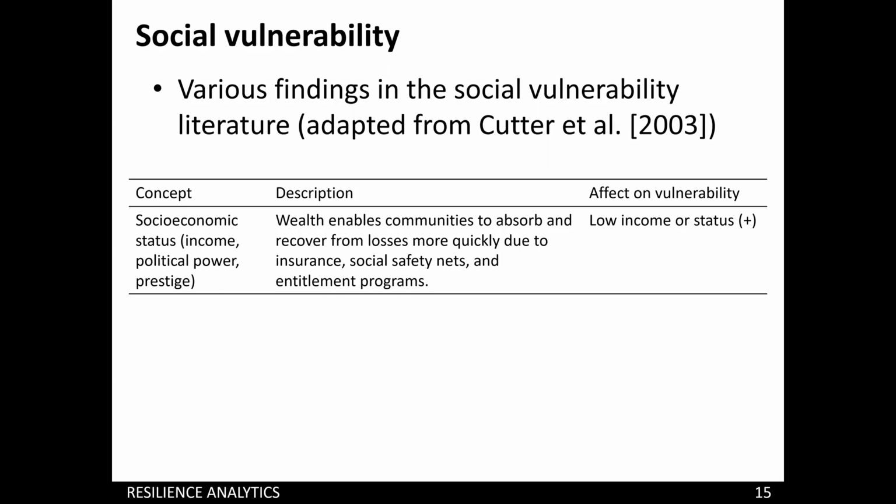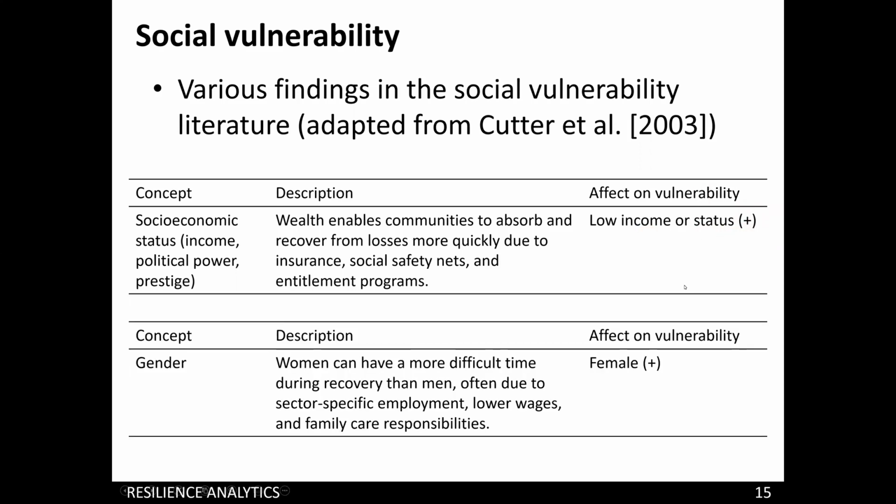Wealth enables a certain amount of reduction in vulnerability. Therefore, low income or low socioeconomic status might increase vulnerability. So that's why we're seeing a plus here. Low income or status would increase social vulnerability.